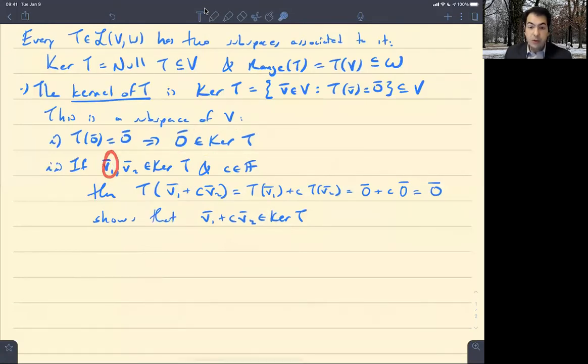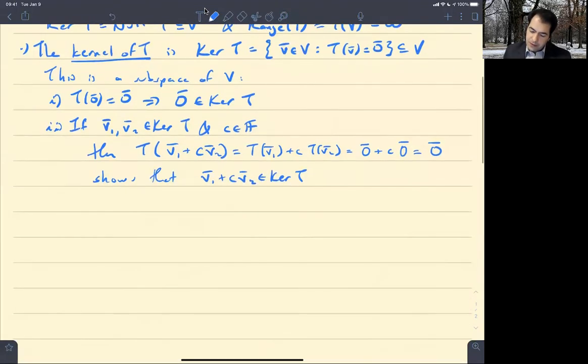Then we've just checked that if v2 is in the kernel and c is an arbitrary scalar, then c times v2 is in the kernel. So we've checked that it's closed under scalar multiplication. So by using this linear combination and checking that anytime you have two vectors in the subset and any scalar that this linear combination is in the subset, we've checked that it is a subspace. Okay, so that's the kernel.